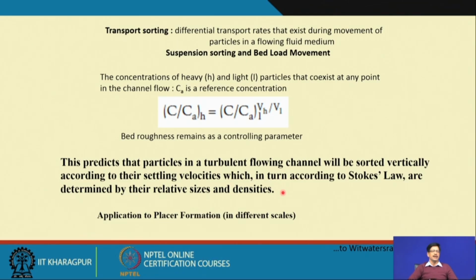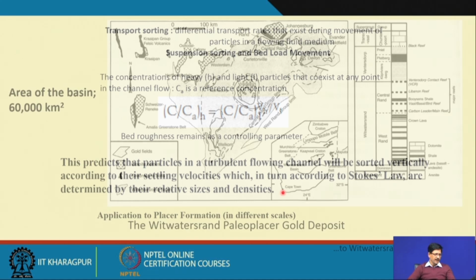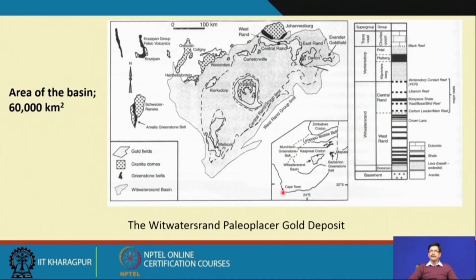That requires a little more expertise and understanding of the details of a sedimentation process, which I am not going to discuss in detail here. But the fact is that these processes are manifest from very small scale to very large scale.